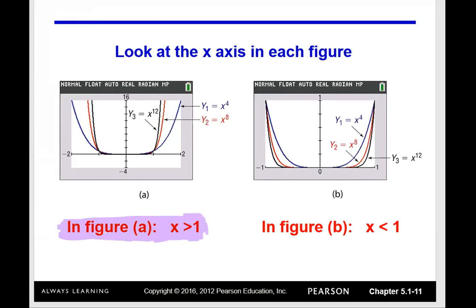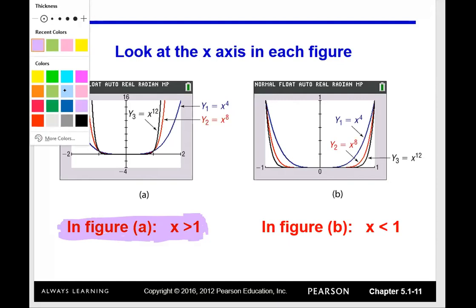So if the base x is greater than 1, like 2 or 5 or 6 or whatever, as the exponent gets larger, it gets more flattened out. You can see the blue graph is x to the 4th. But when you go to x to the 8th, the red graph, it bottoms out and it gets closer to being more vertical. And then the black one is x to the 12th.